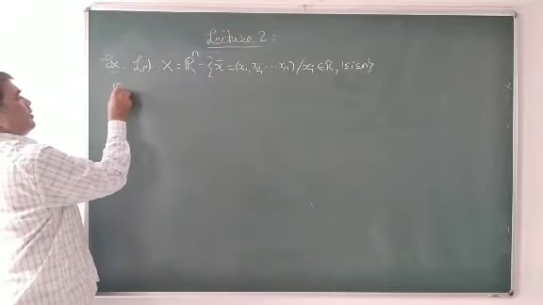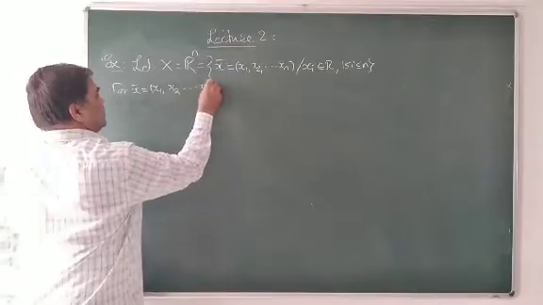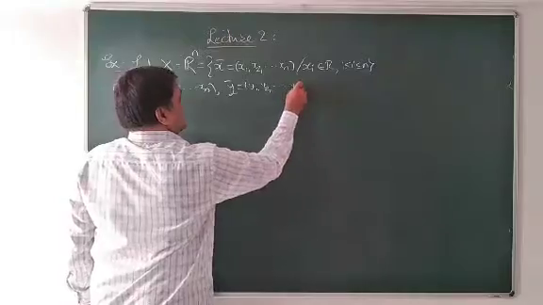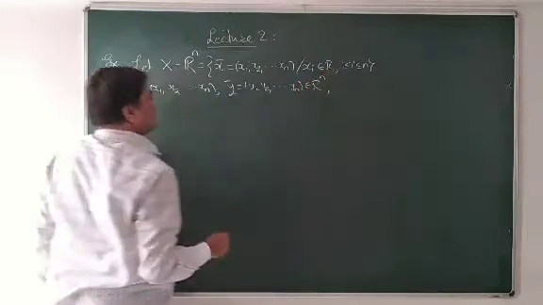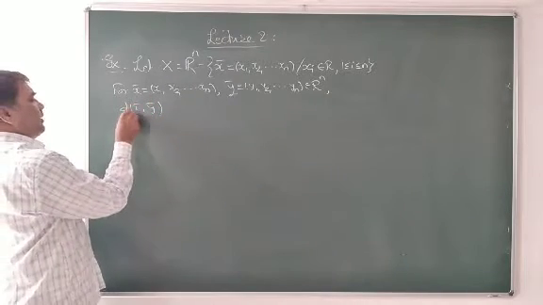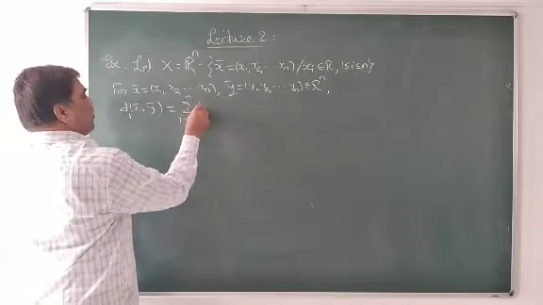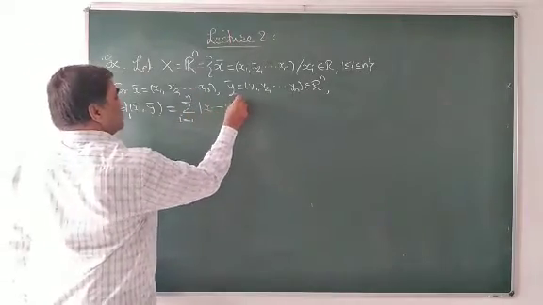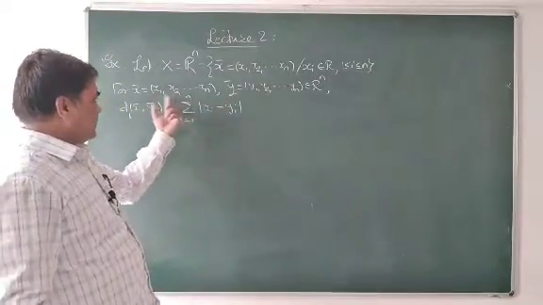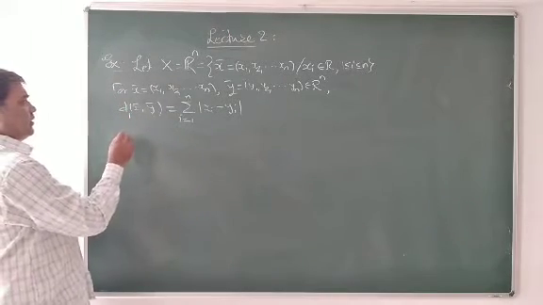Define, for x bar is equal to (x1, x2, up to xn) and y bar is equal to (y1, y2, up to yn) belonging to Rn, d1 of x bar, y bar is equal to summation of i equal to 1 to n of mod of xi minus yi. Component-wise subtraction, their modulus, and then their sum. I am taking it as the distance function defined on Rn.